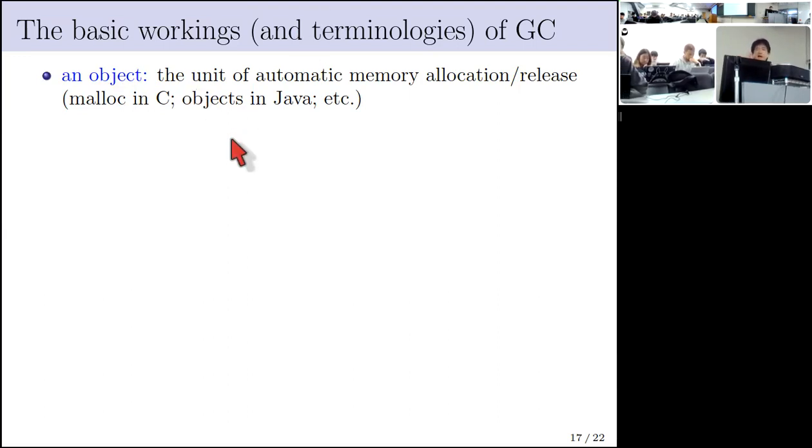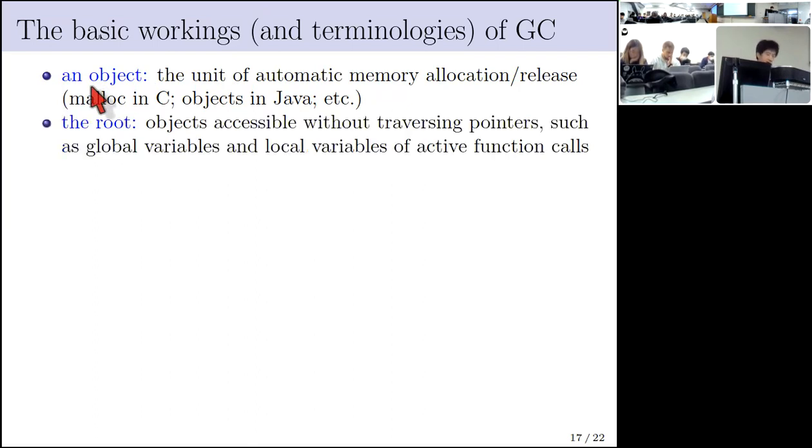So it may not be exactly an object in the context of an object-oriented programming language. It is equivalent to just a memory block, the unit of memory allocation. In the context of C, it is simply a memory block allocated by a single call to malloc. In C++, it is a memory block allocated by new. Those are all called objects in the garbage collection literature.